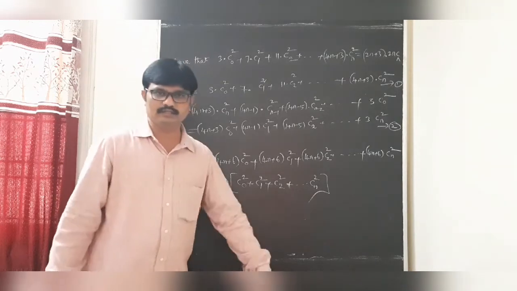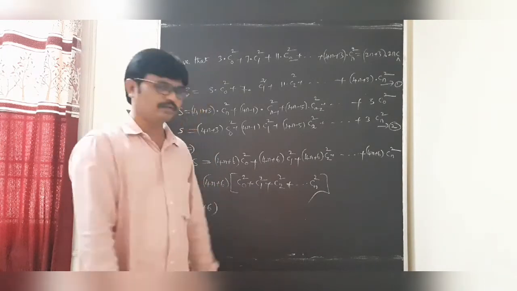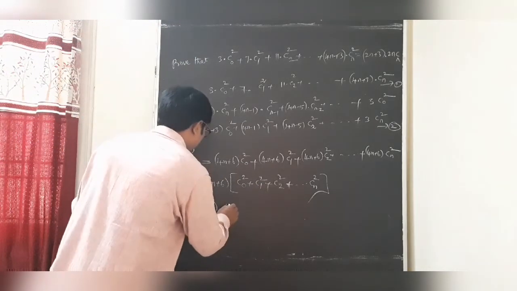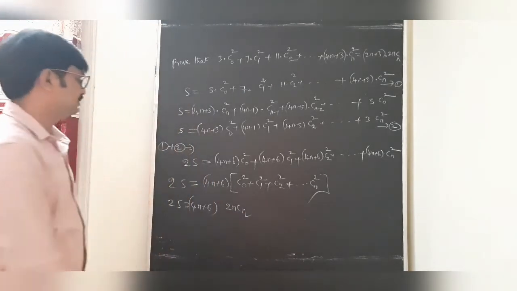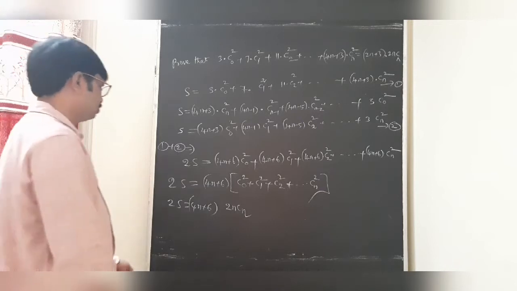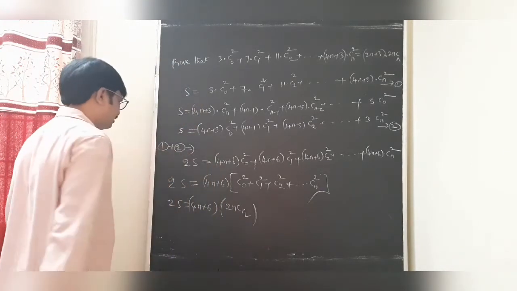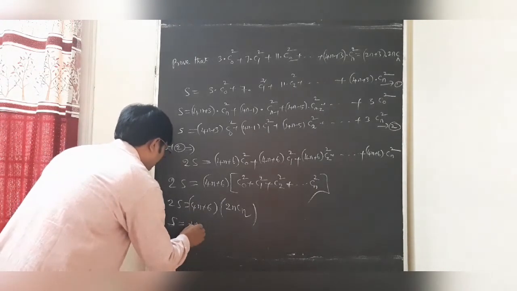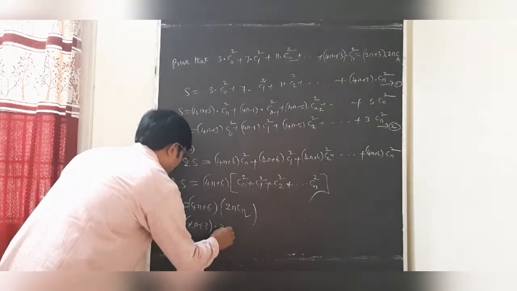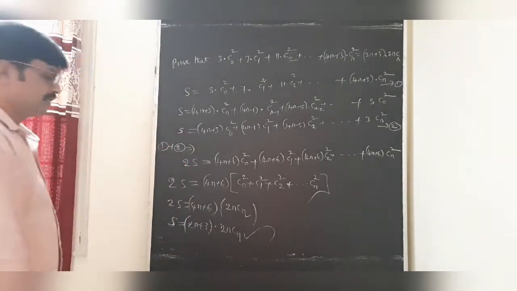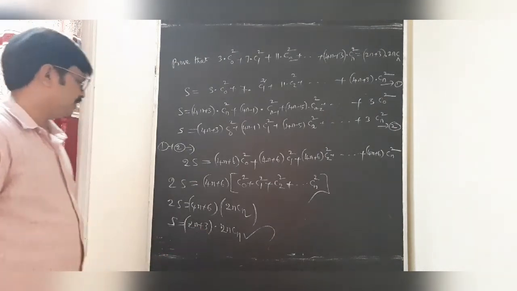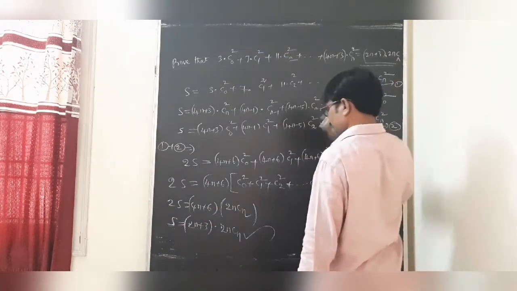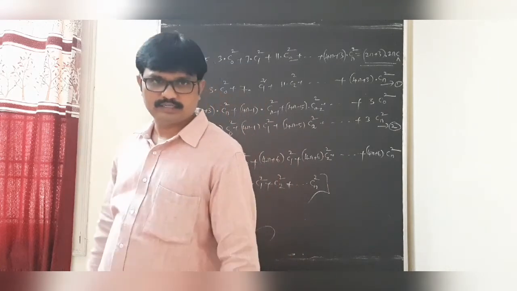Just now we completed a very important formula: C0 square plus C1 square plus C2 square, and so on, plus Cn square is 2nCn. So dividing by 2 on both sides, undoubtedly S equals (2n plus 3) into 2nCn. This is the proof. Okay students?